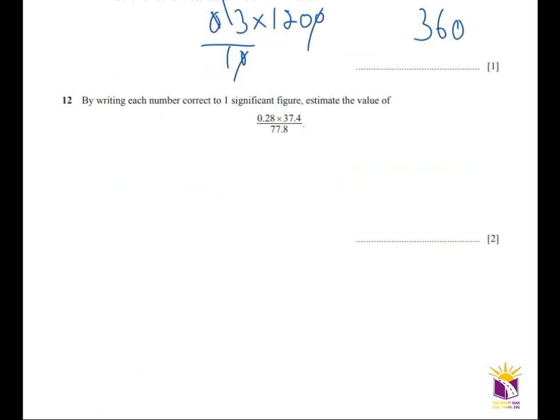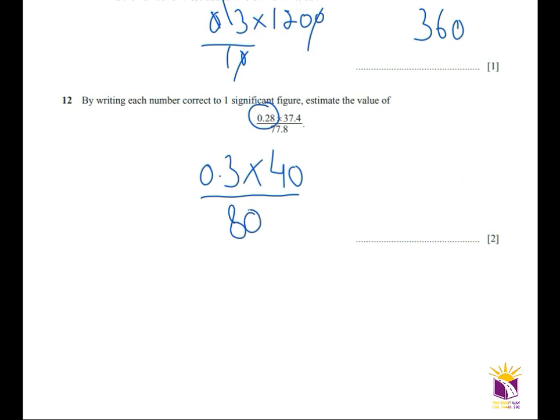By writing each number to one significant figure, estimate the value. Now we are going to write it in the first significant figure, only one significant figure. So your 0.28 will become 0.3. Multiply. 37.4 will become 40, and 70.8 will become 80.